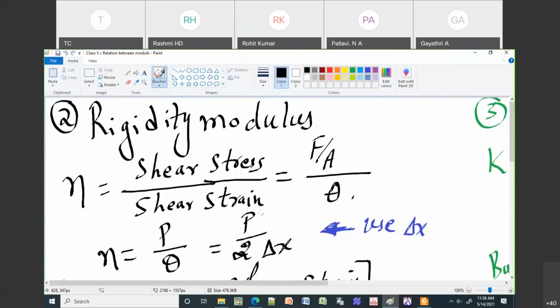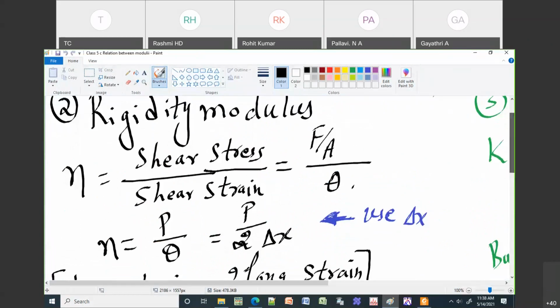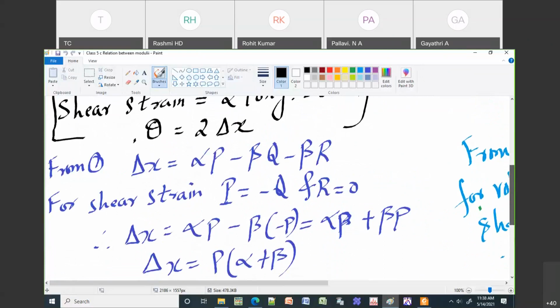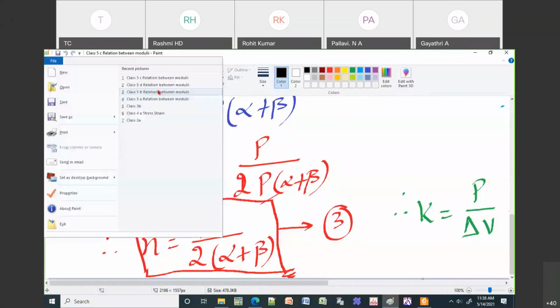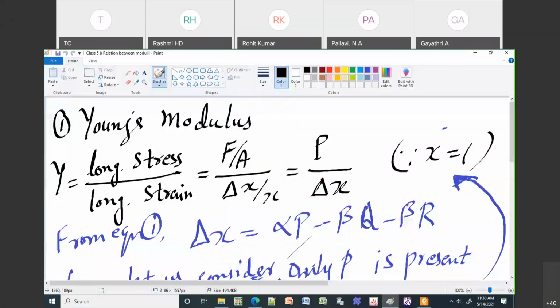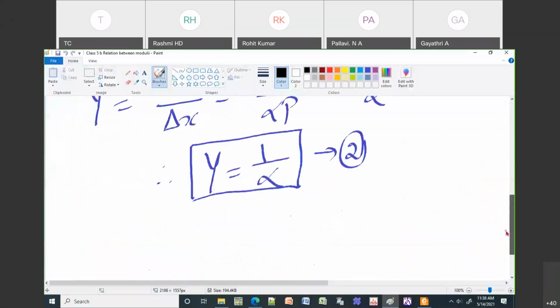So in that case, I will write only these 3 equations, 2, 3, and 4. Y is equal to 1 by alpha, which is your equation number 2.